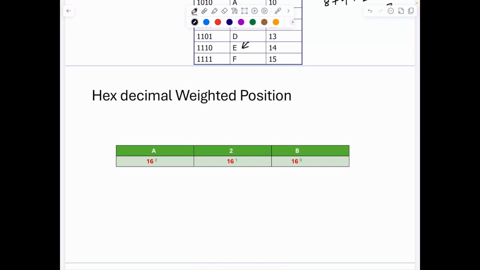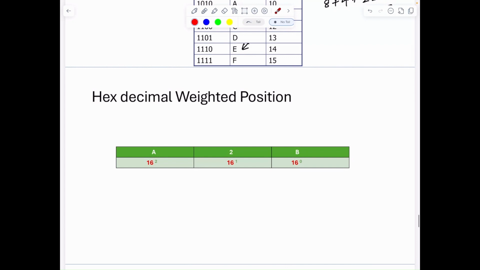It's pretty easy. 0 to 9 we just represent the same, but 10 to 15 we don't have enough digits, right? So we say A to F. That's all it is. So just remember that 10 is A, and then 11 is B, so on and so forth.